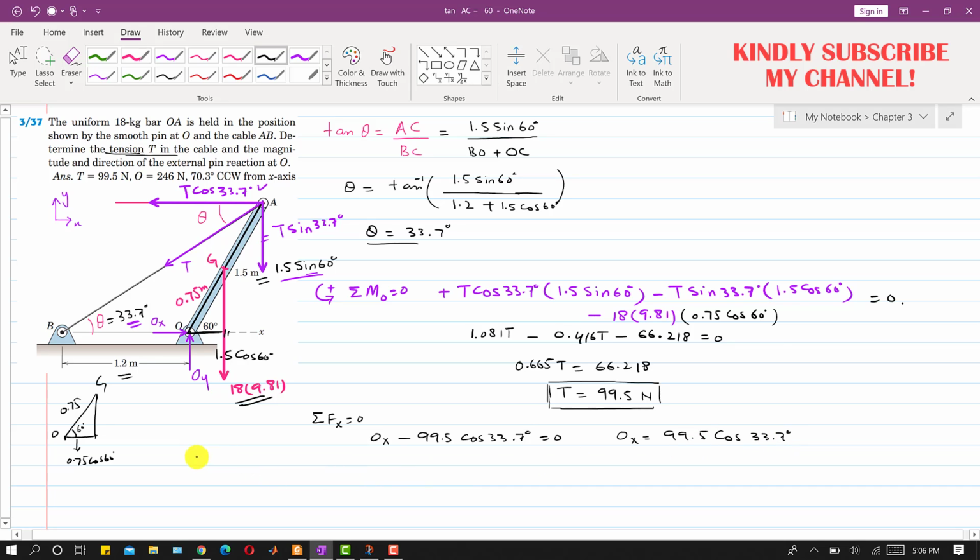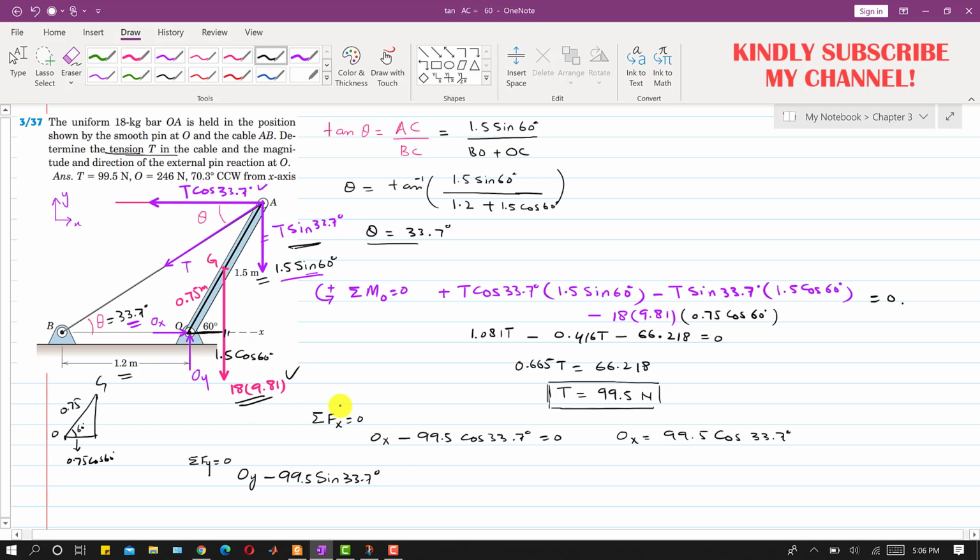And similarly, if we apply the summation of forces along y equals 0, this OY is acting in the positive y direction, so we will write OY, and this sine component is acting in the negative y direction, so we will write minus T sine of 33.7, where T is 99.5 sine of 33.7 degrees.